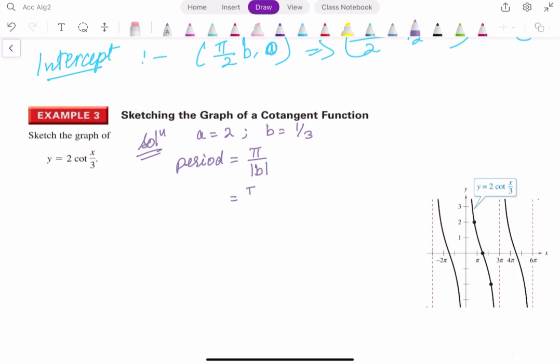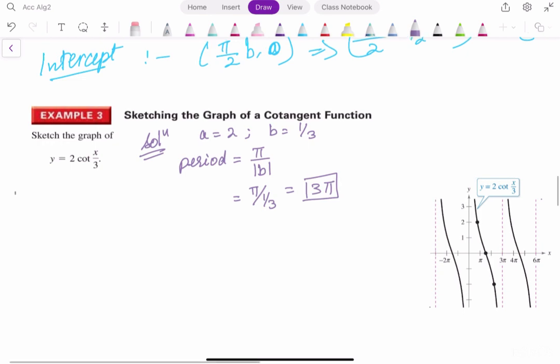So the period will be 3 pi. So one cycle will be completed in 3 pi.